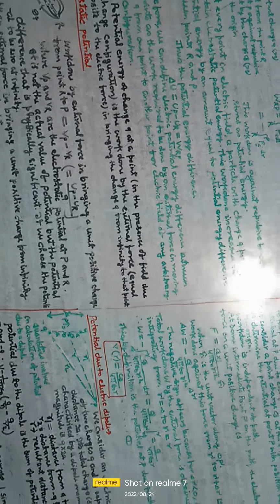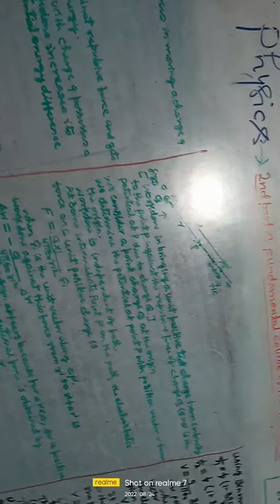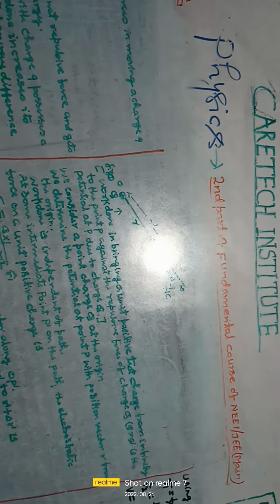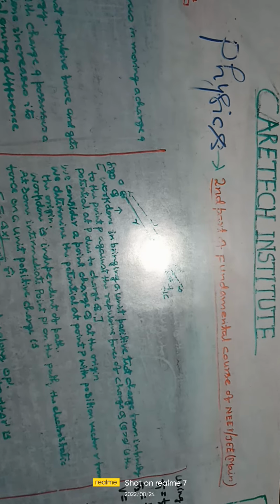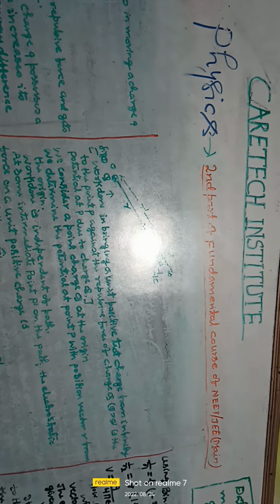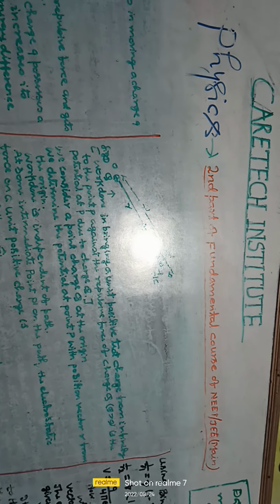Now, as shown in the figure, the charge is at Q and point P is taken at distance r. P dash point is taken at distance r dash and a small increment distance is delta r dash.